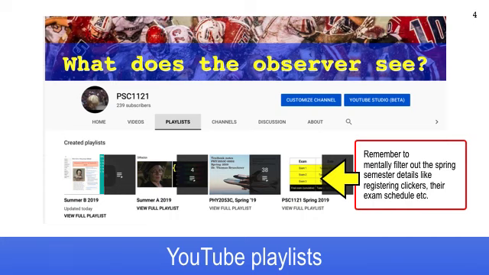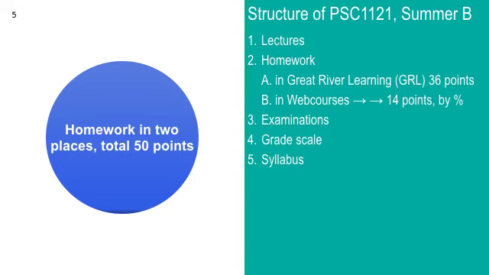All right, let's take a look at the next topic, which is homework. Unlike the spring semester, we're going to have 2 different places where we do homework. On the textbook website, which is Great River Learning, you're going to get 36 points for your semester grade from the homeworks over there. I think I've got 6 assignments over there.